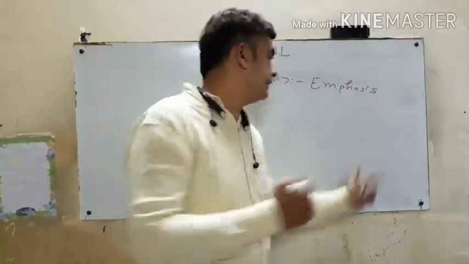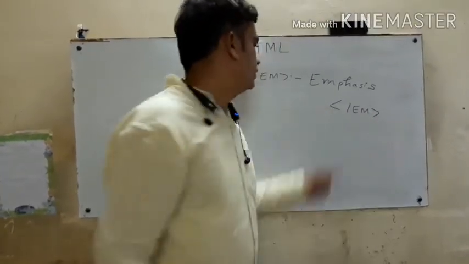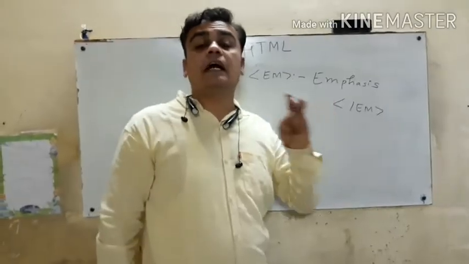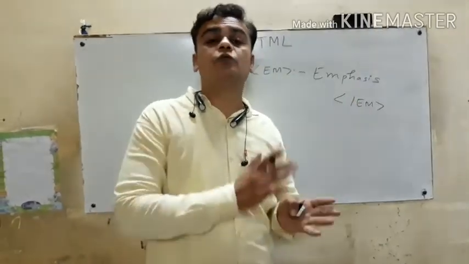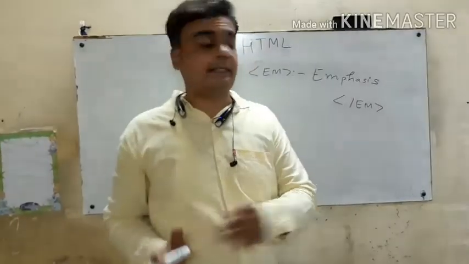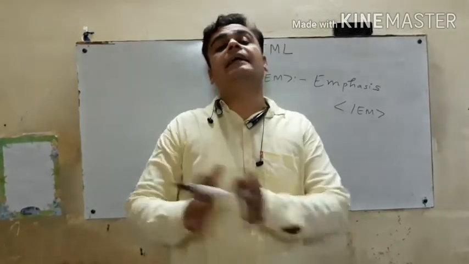Its companion tag is /EM, and generally the EM tag is an alternative tag for the I tag. Means the I tag is used to represent the text in italic style, and the EM tag also displays the text in italic style.